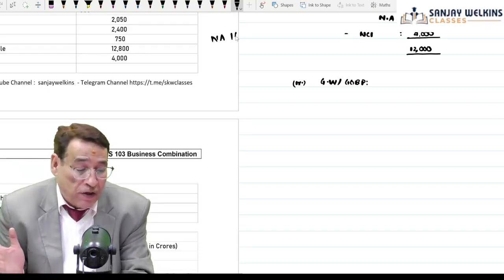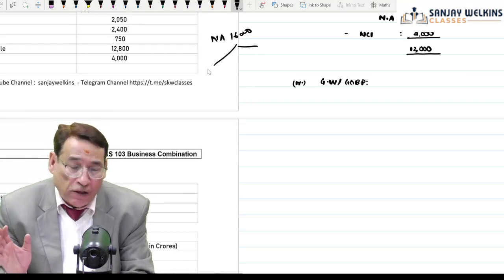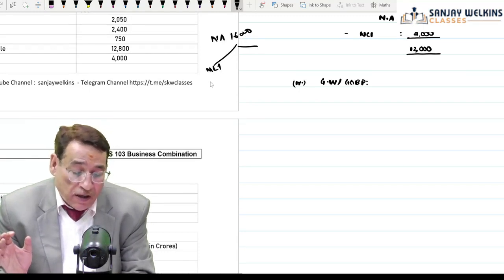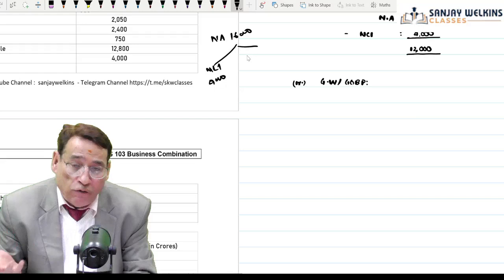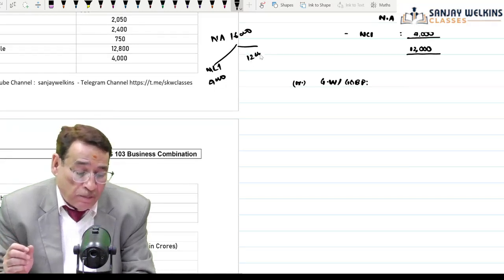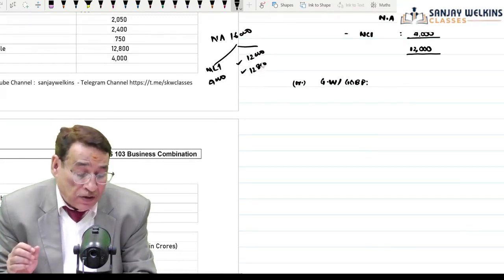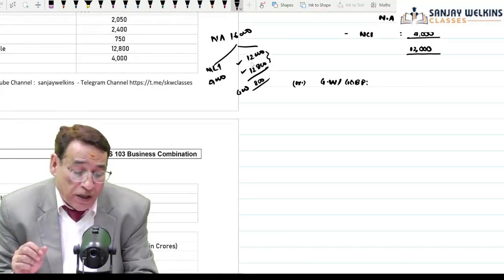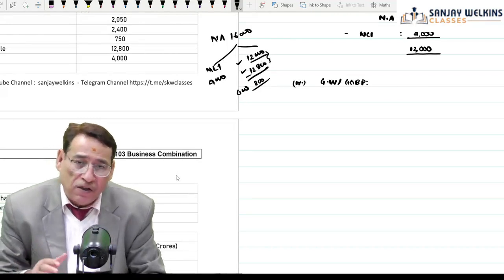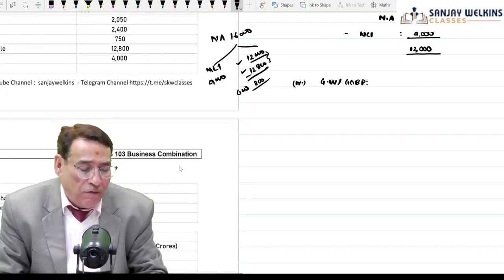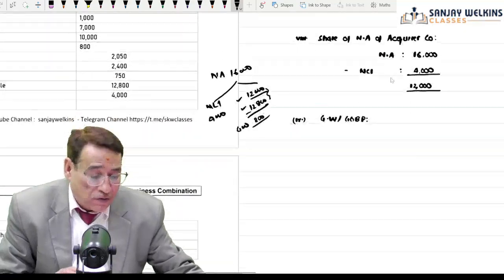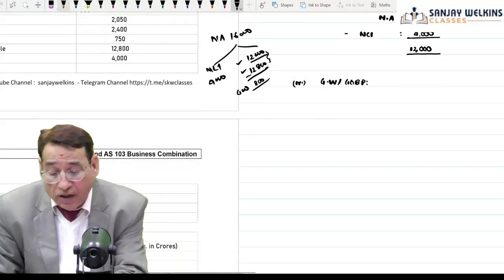Net assets are equal to 16,000, correct? And we will pluck out the share of NCI, that is equal to 4,000. Whatever balance is there represents the share of acquirer. And then we compare it with the consideration. In this case, consideration is equal to 12,800. I can directly find out goodwill in this manner, 800, by comparing the share of net assets with the consideration. I could have found it that way, but I want you to move through these steps to find out the goodwill. Is it clear to you?